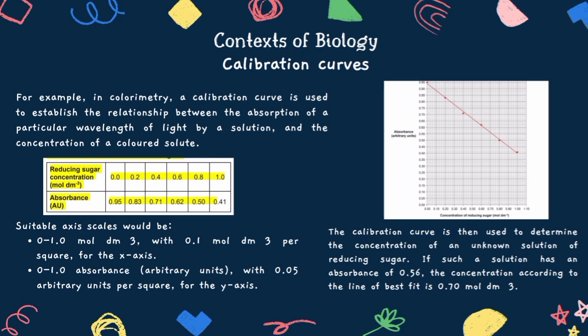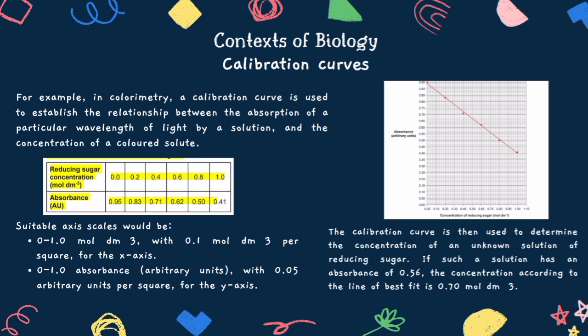For example, in colorimetry, a calibration curve is used to establish the relationship between the absorption of a particular wavelength of light by a solution and the concentration of a colored solute.